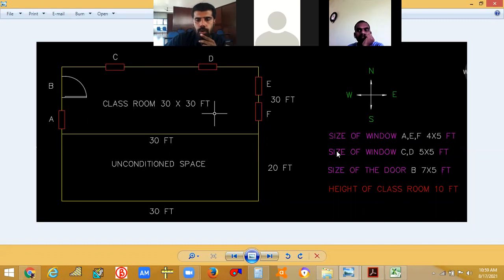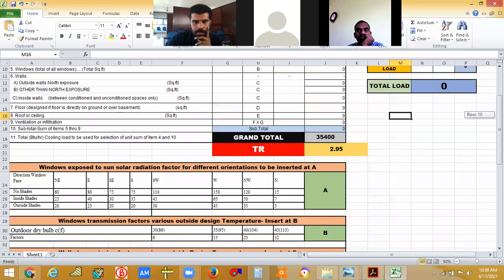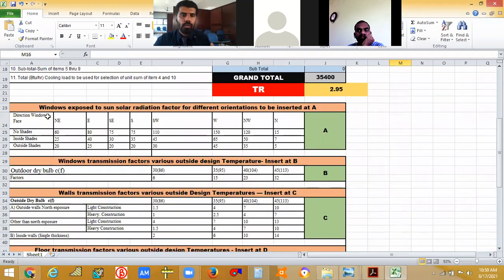So I am going to see my factor, and insert the value of A. Direction of window face, no shade, north. With respect to no shade, what is my value? It is 15, because it is facing towards the north side.